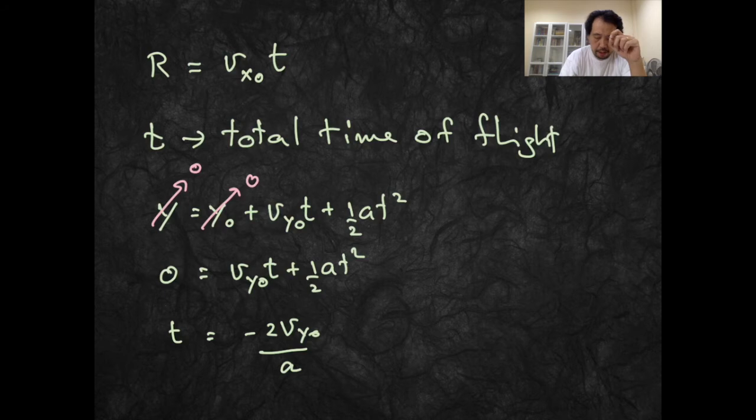If we divide both sides by t, we have Vy0 here and half of a t, and then we move Vy0 to the left side, so we get minus Vy0.